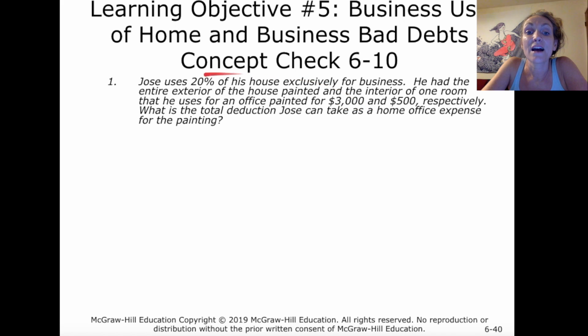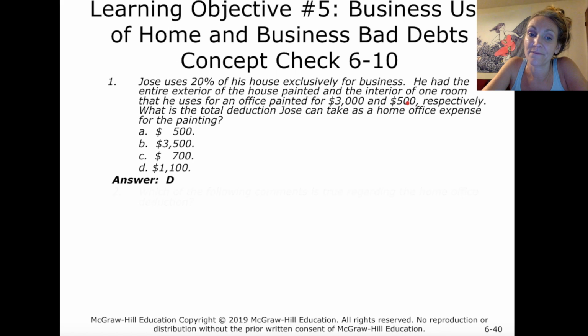He only uses 20% of his house exclusively for business, so he's only going to deduct 20% of the $3,000, which would be $600. And then the $500 is just for the room. That's a direct expense, so it's fully deductible. So $600 plus the $500 is going to be D.